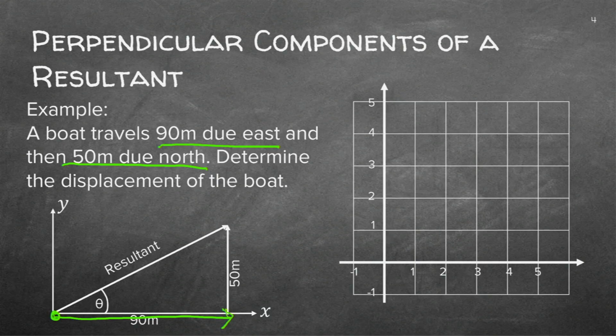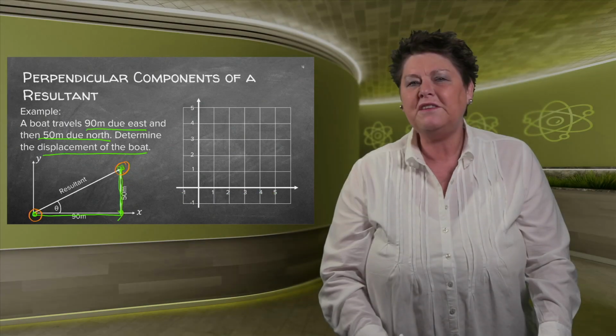So it stops there, and as soon as it's there, they ask me, what is the displacement of the boat? So it started at this point. Let's just indicate it started there and it's there now, and they ask me to calculate the displacement from there to there.